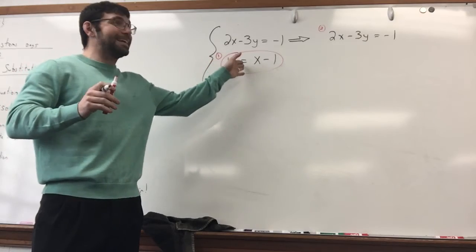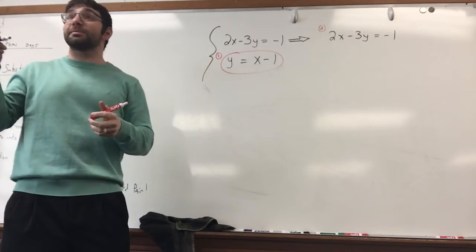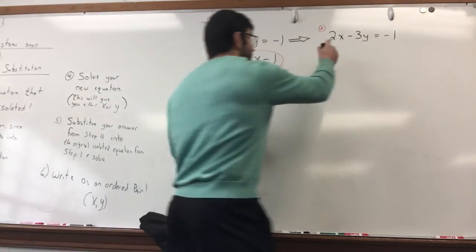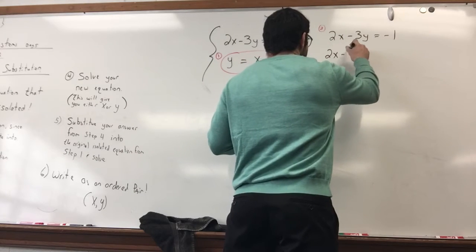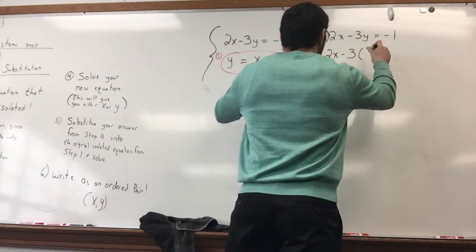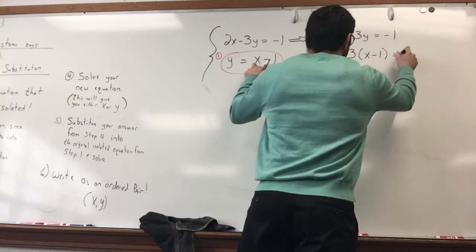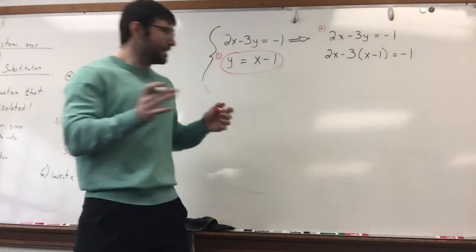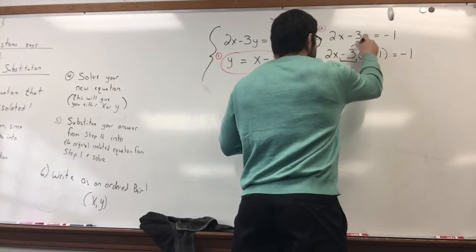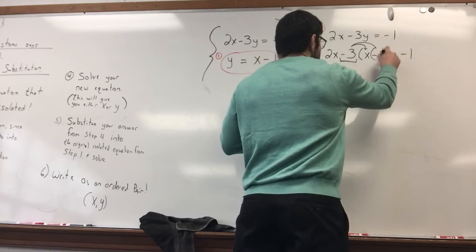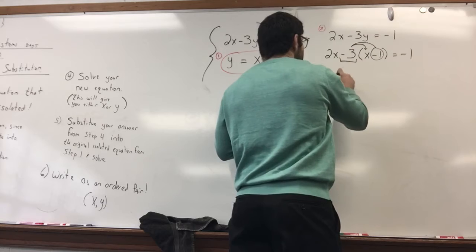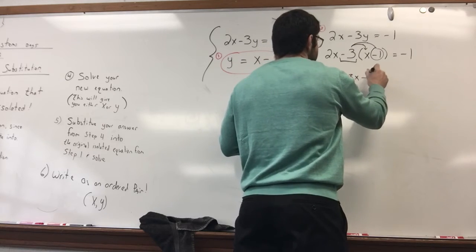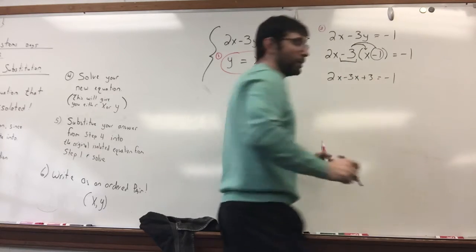We said y is x minus 1. So we're substituting in for y. And everybody did just that. We said 2 times x minus 1 equals negative 1. Did we have a little bit of trouble solving? A little bit. So we distribute. That gives me 2x minus 3x plus 3 equals negative 1.